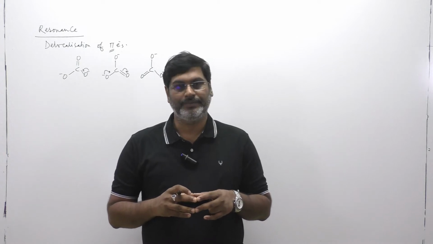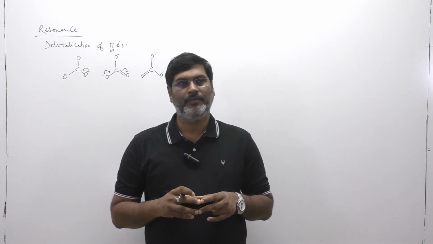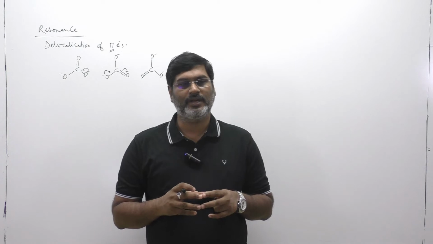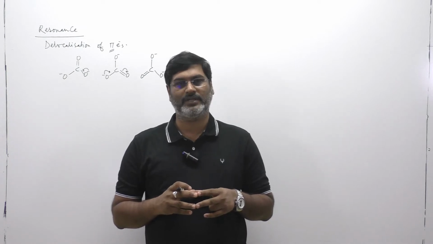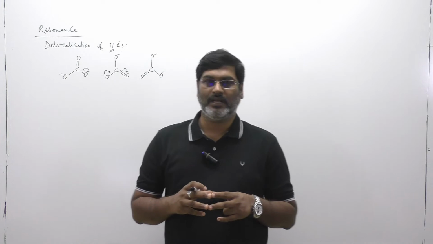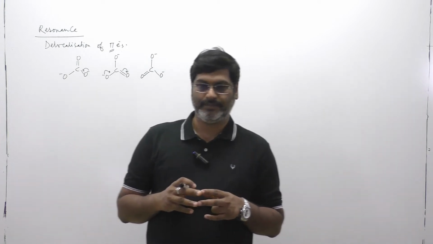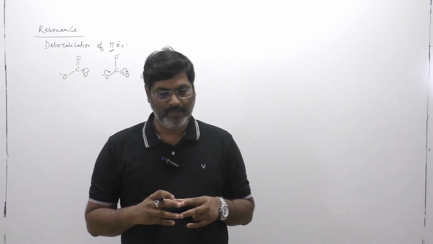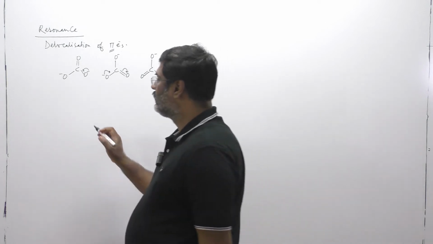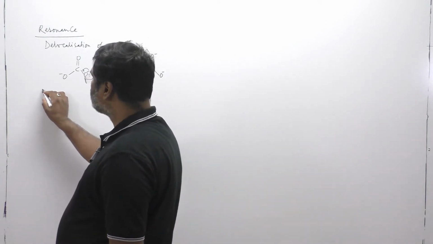If you answer like this, this is correct, but this is not 100% correct. It's a partial answer, not a complete answer, right? What are the pi electrons that you understand?